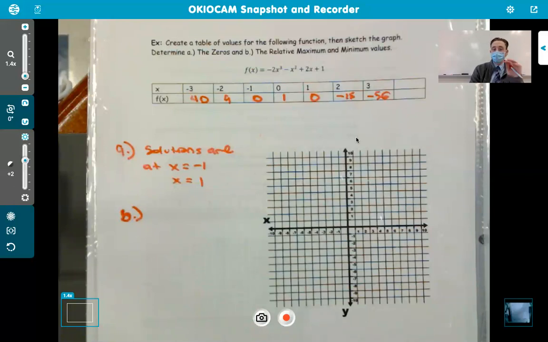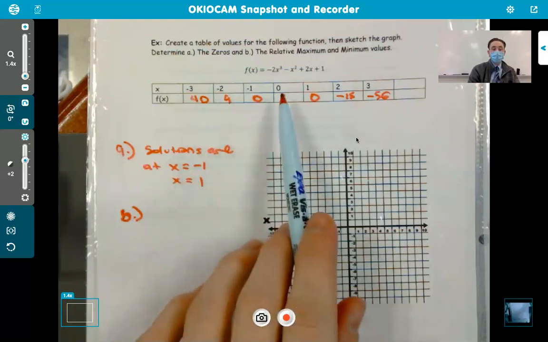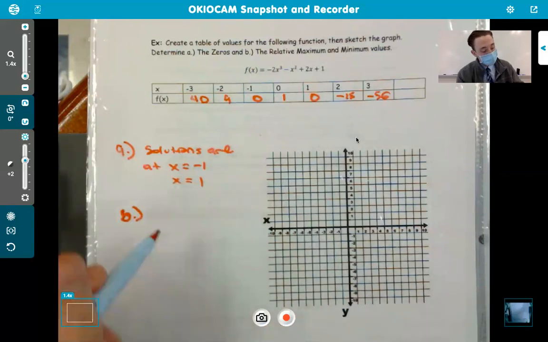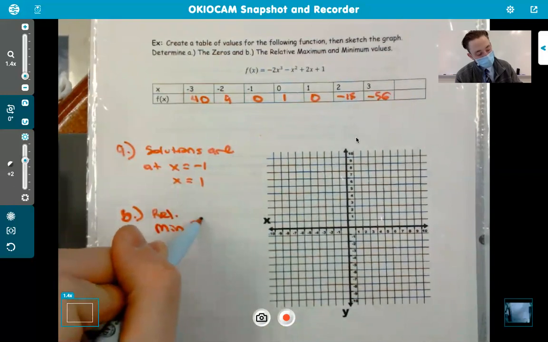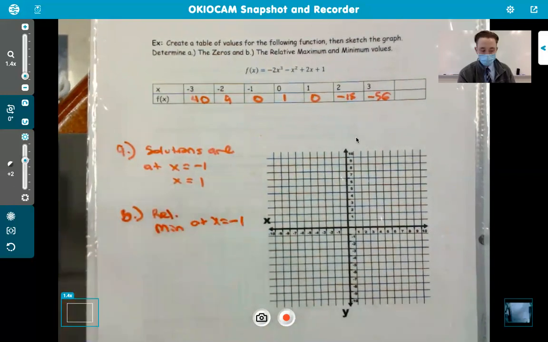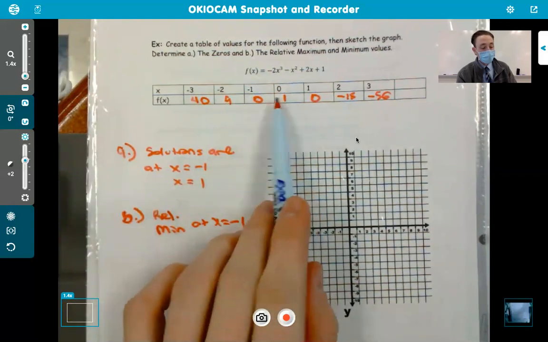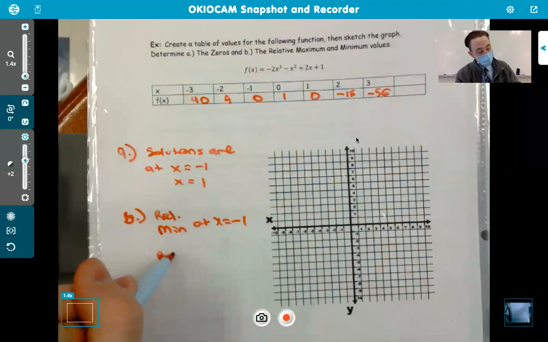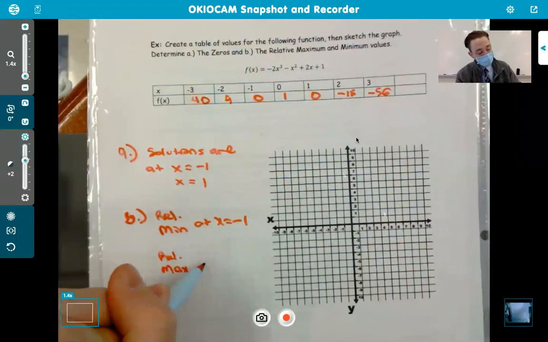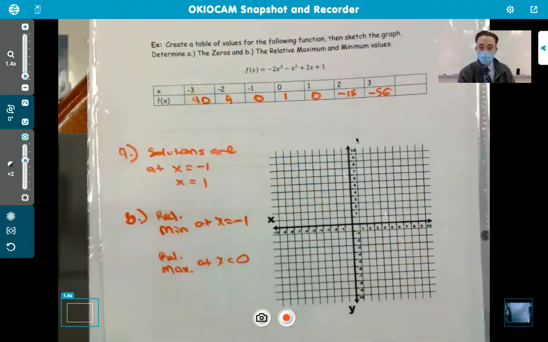So it's the relative minimum because of that. And then at x equals 0, both sides are smaller than that number as well. Good. So that's a greater value than the one before and the one after. So that's why I have a relative max at x equals 0.